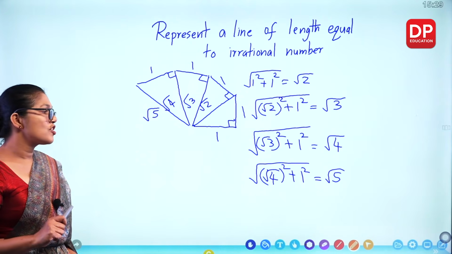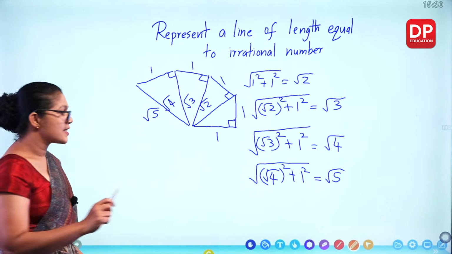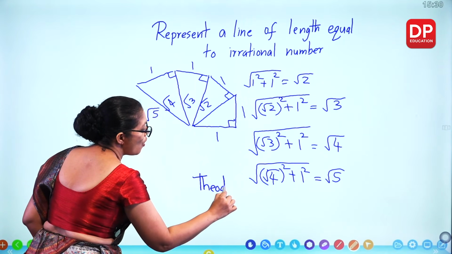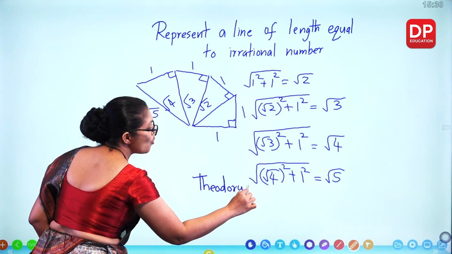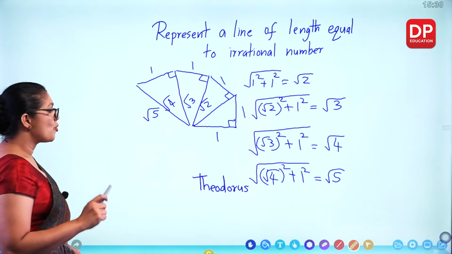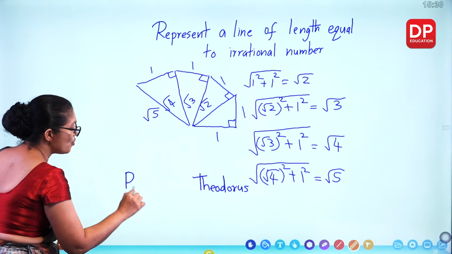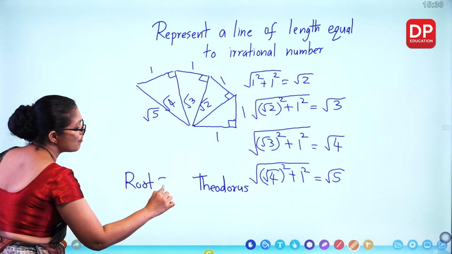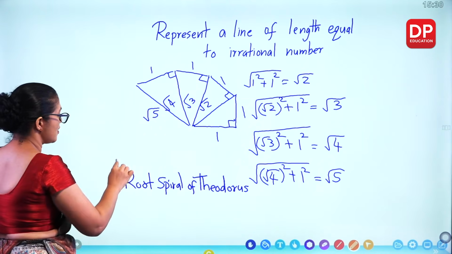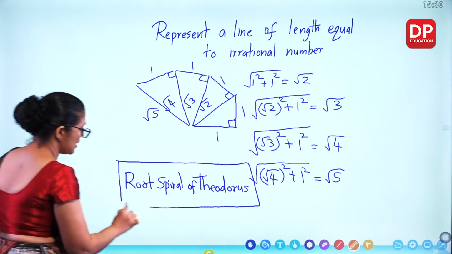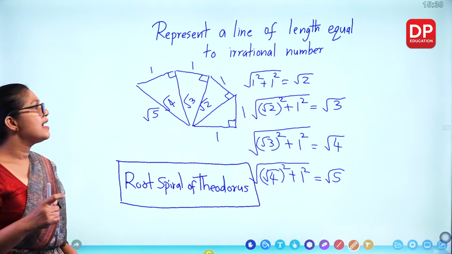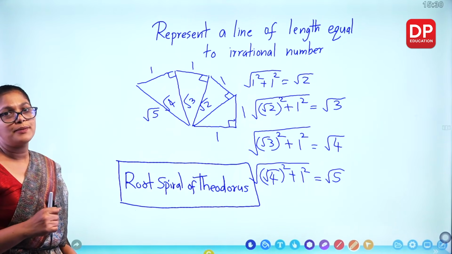A mathematician called Theodorus. So we call this the root spiral of Theodorus. So here, using this method, we can easily draw any irrational number.